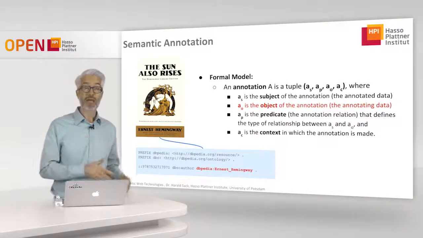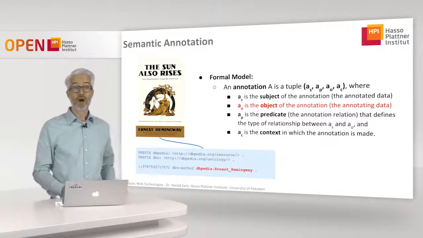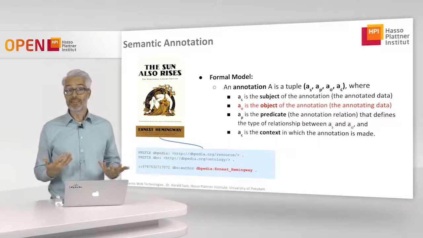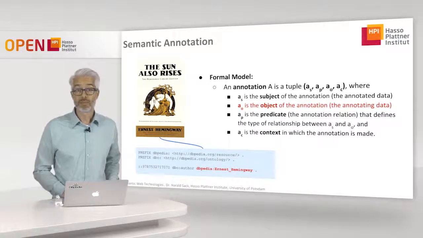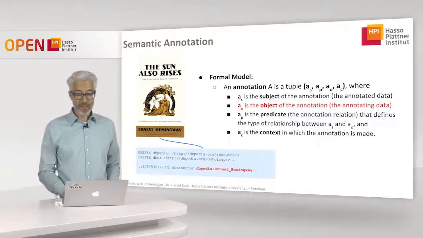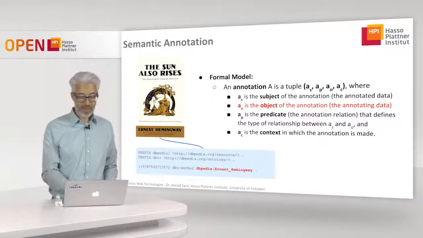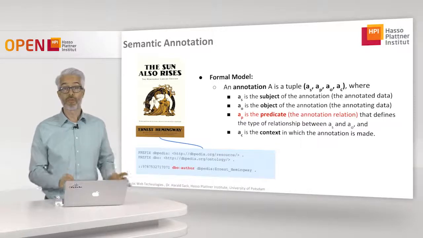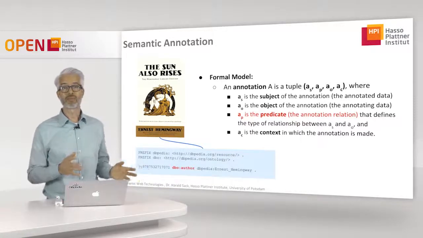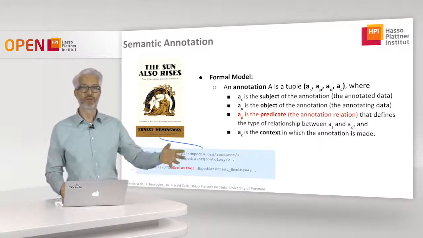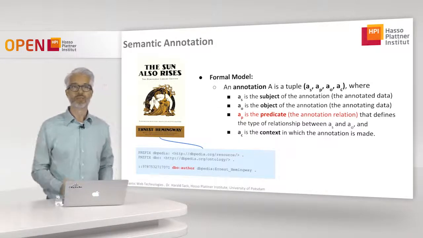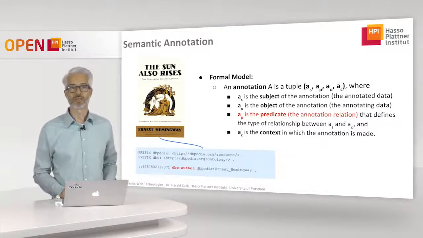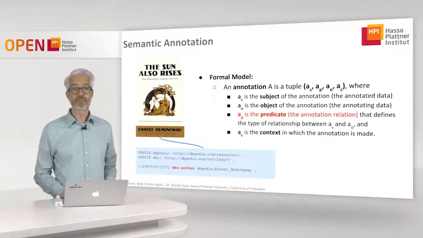The object, so my annotation, consists here of another entity, which is from DBpedia, and this would be Ernest Hemingway. And my annotation, Ernest Hemingway, is connected to my original resource via the author relation. So this defines the type of relationship between the original resource and my annotating data, my annotation.